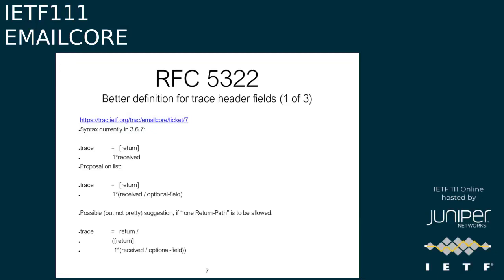Yeah, I just wanted to clarify that the absence or presence of receive fields isn't the question. It's whether you can have a return path with no receive fields. I think Ned has made a reasonable case that you could come up with a reason to do that.